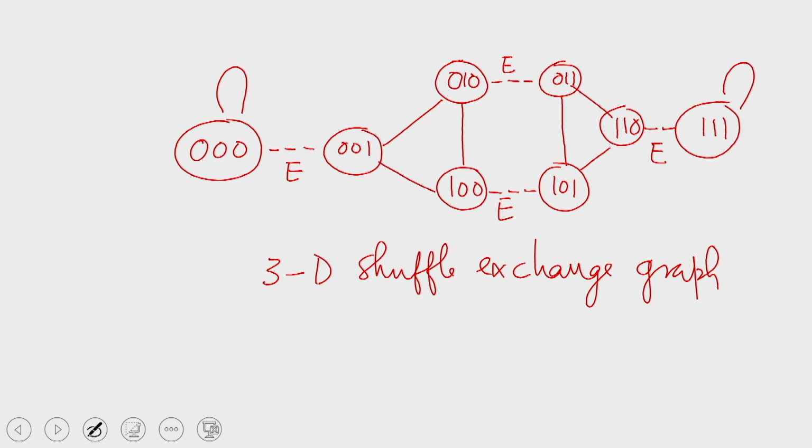For example, here, if you want to go from 000 to 111, you can change the bits one at a time.